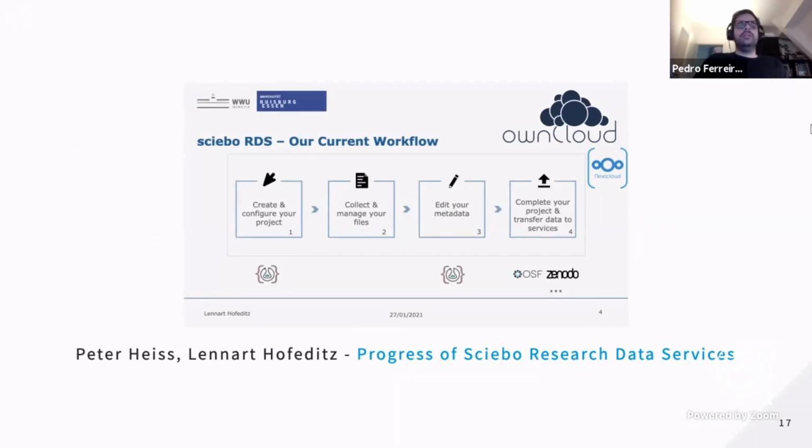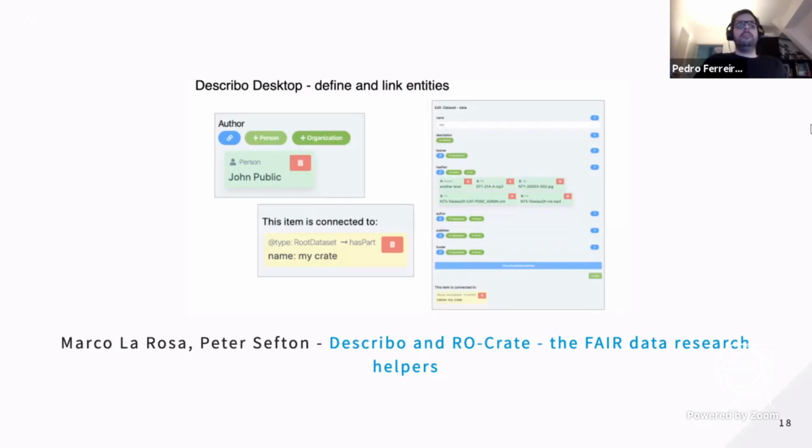So about that, you can actually refer to Peter's presentation during the conference, Peter and Lennart, which shows a very nice overview of the system they have in place and what we are planning for also a bit for the future. There's also Marco and Peter's presentation on Describo, which gives you a little bit of the context and what you might expect from this particular tool we're working on.